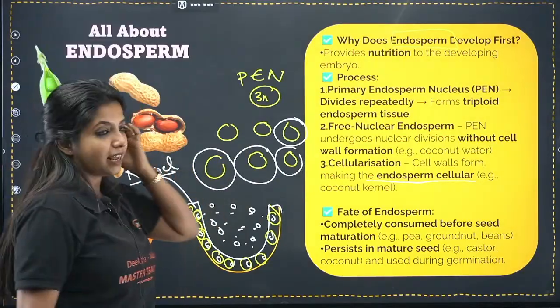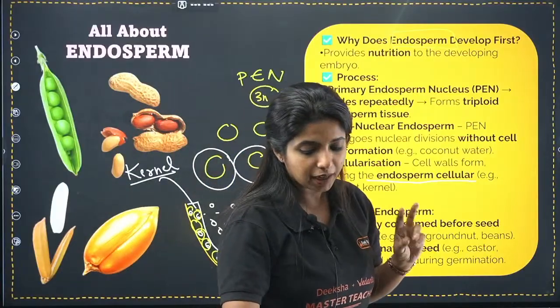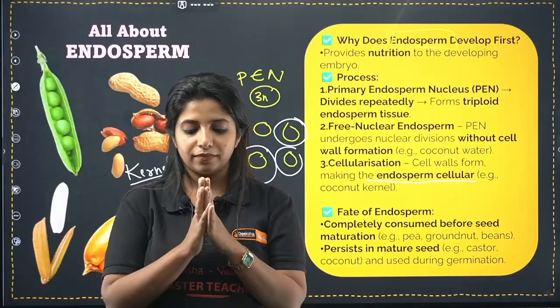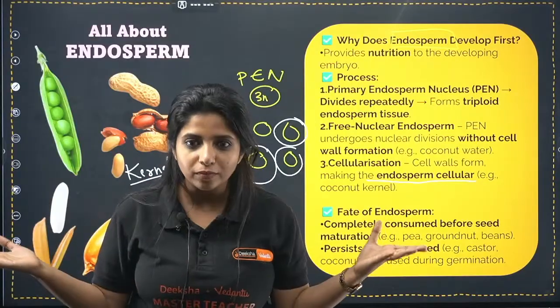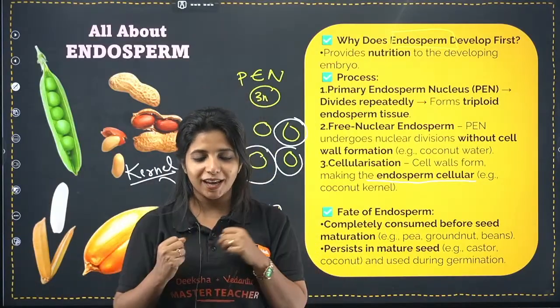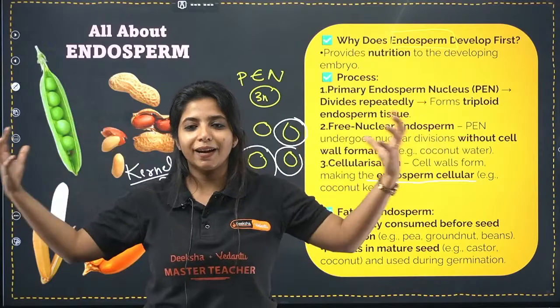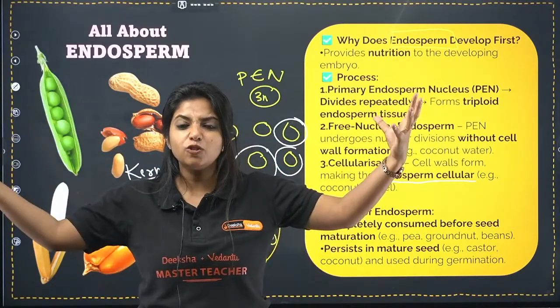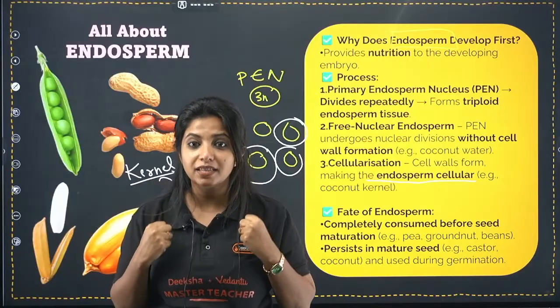Cool? Yes. Now that is the basic thing that we have. Sometimes you need to understand that the fate of the endosperm is different. That means there are two different scenarios for what happens with the endosperm. Either it can be used up. Used up by whom? As I was saying, there is a zygote. The zygote forms an embryo, and the endosperm provides nourishment for that. Sometimes the endosperm is completely used up by the embryo as it grows.